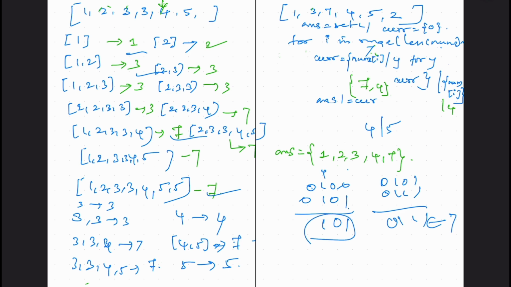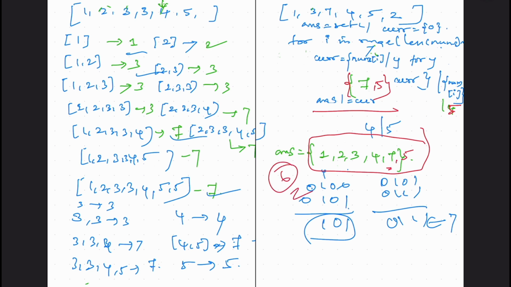So now our current will be 7 and 5, 7 comma 5, and nums of i is 5. Answer has 7 already. Now it will include 5. So this is our final answer. What is the length? 1, 2, 3, 4, 5, 6. So we have 6 unique results.